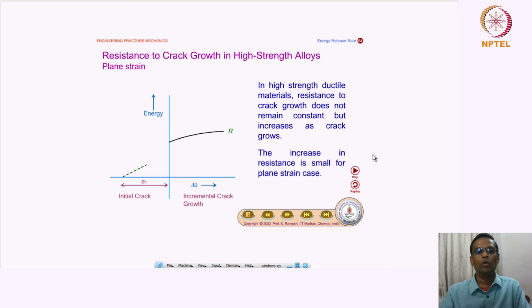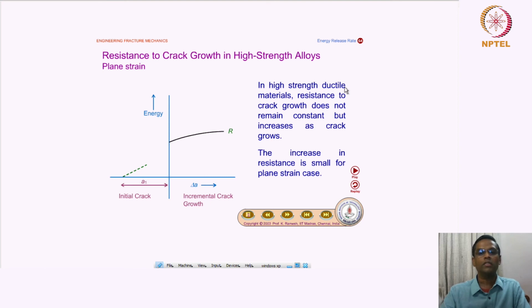Now we will go to another important concept, the resistance to crack growth in high strength alloys. In a plane strain condition, we are going to see again the same plot, energy versus change in crack length, where the crack length is plotted on this side and growth on this side.